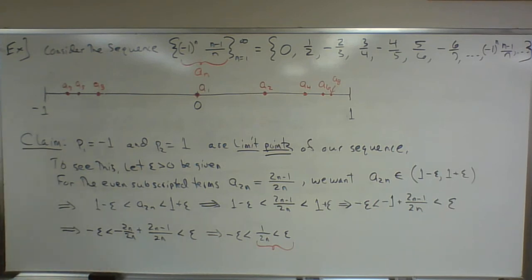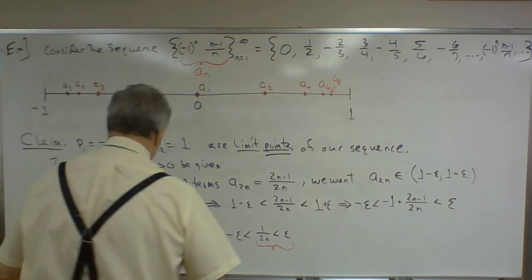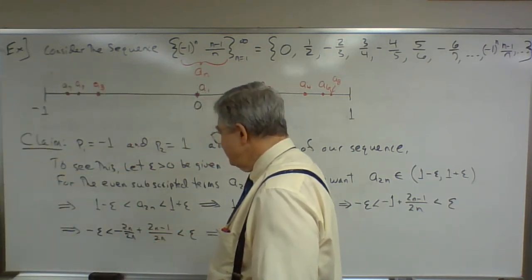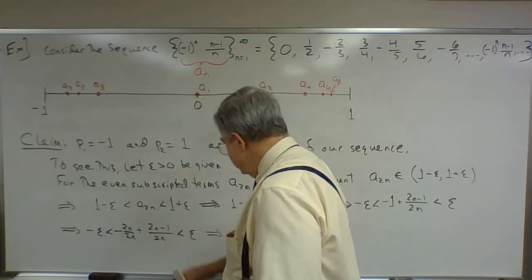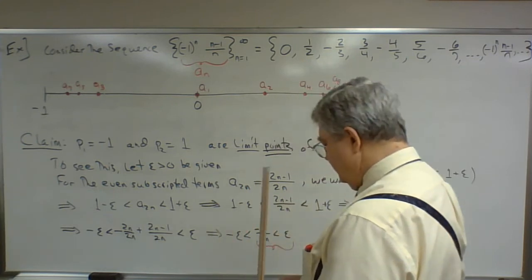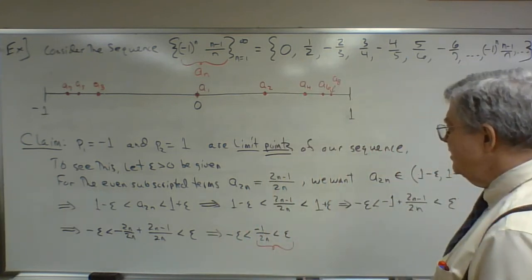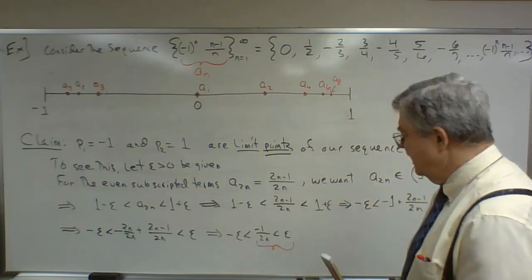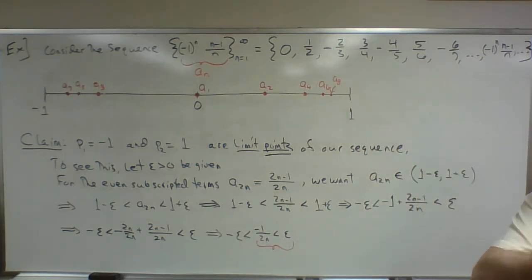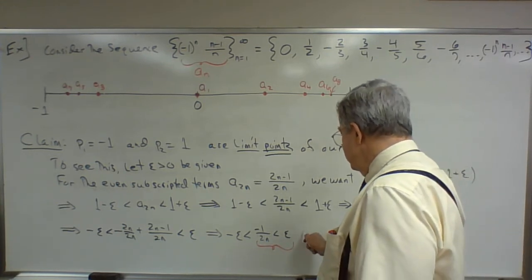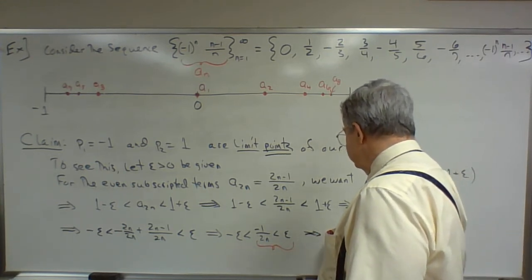And so what does that leave us with? -2n plus 2n is 0. So that leaves us with -1 over 2n is between negative epsilon and positive epsilon. And this thing is negative, so I guess I could say this.